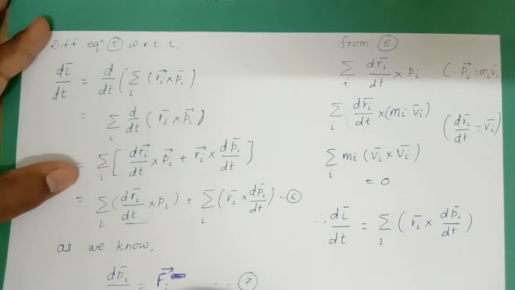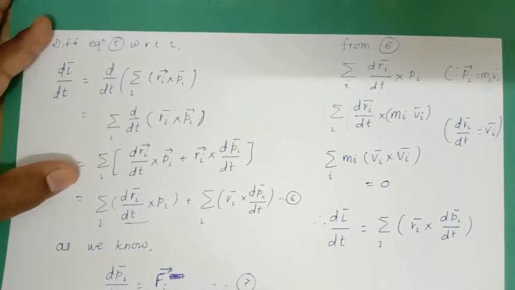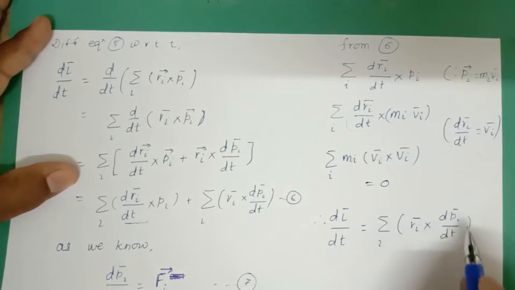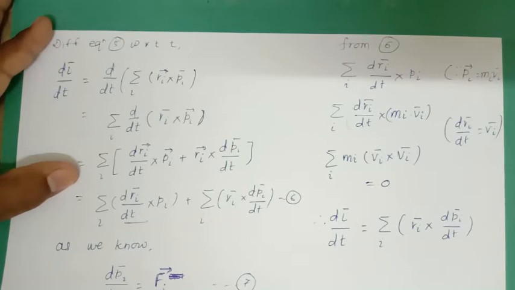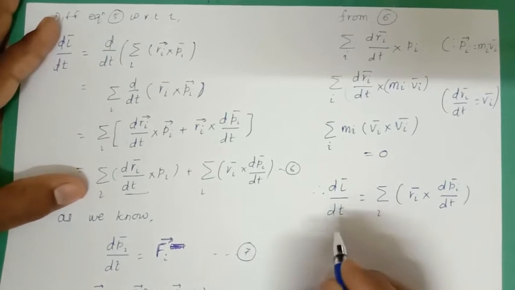Okay, and we have to substitute this instead of dpi by dt with this F external. But what is the value of the external force, by the way? If we sum up all those forces acting on the system, instead of this Fi, we can write the force acting on the ith particle as the external force plus the internal force acting on the ith particle due to the rest of the particles. This we already know from the last lecture.